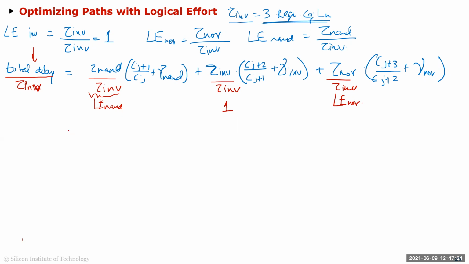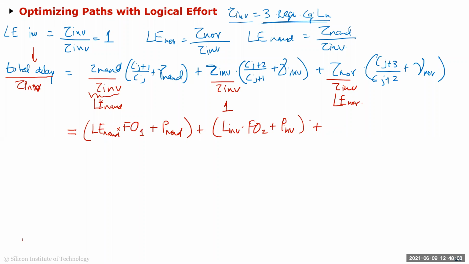So if I write this now in terms of logical effort, this is equal to the logical effort for NAND times the fan out of that stage, the first stage, plus the parasitic effort of the NAND, because it is also divided by tau inverter, plus the logical effort of the inverter, which is 1, times its fan out, plus P inv, which is nothing but gamma divided by tau inverter.